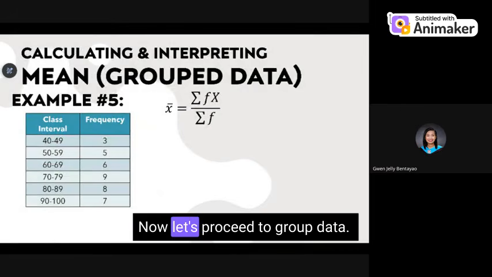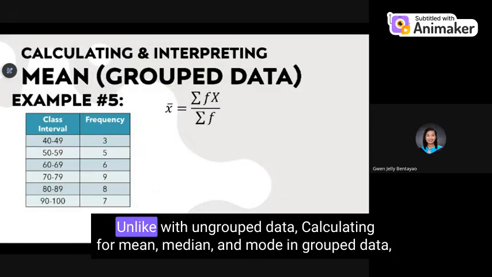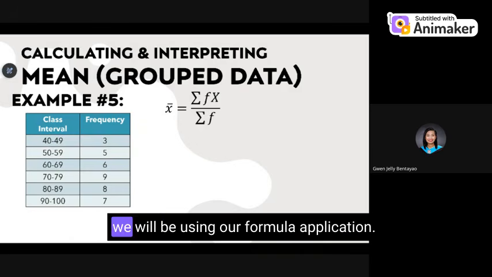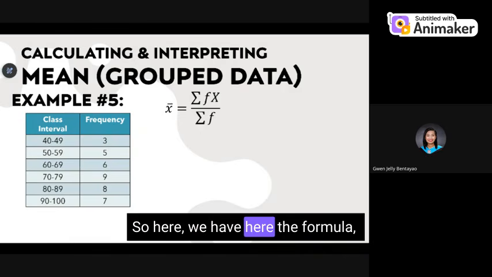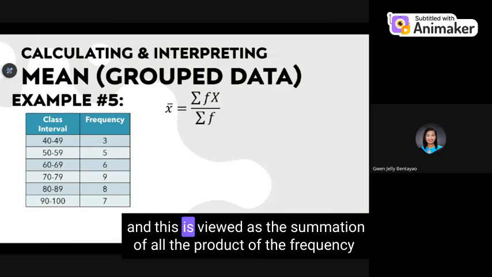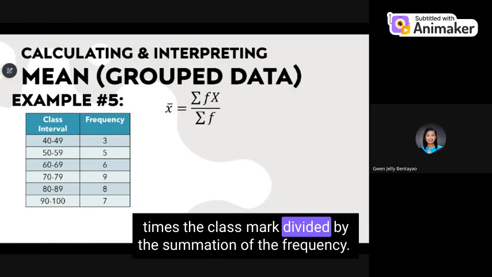Now let's proceed to grouped data. Unlike with ungrouped data, calculating the mean, median, and mode in grouped data needs formula application. Here we have the formula, and this is read as the summation of all the products of the frequency times the class mark divided by the summation of the frequency.